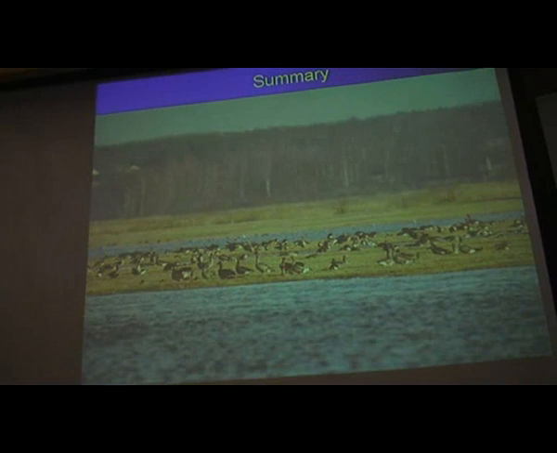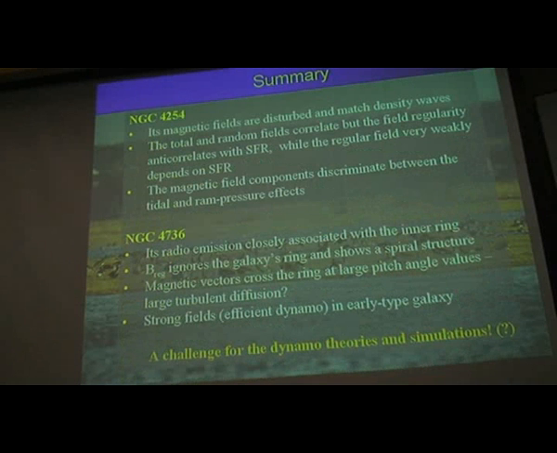Okay, so my birds from the first slide reached their destination. It is high time for a summary. In the case of Virgo cluster spirals, we found disturbed magnetic fields which match the density wave.